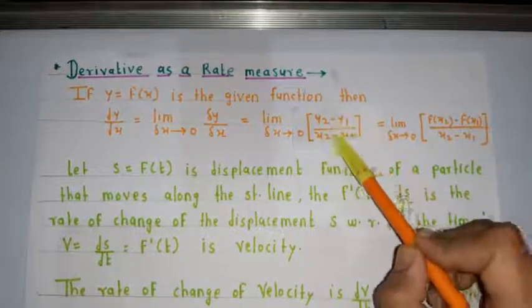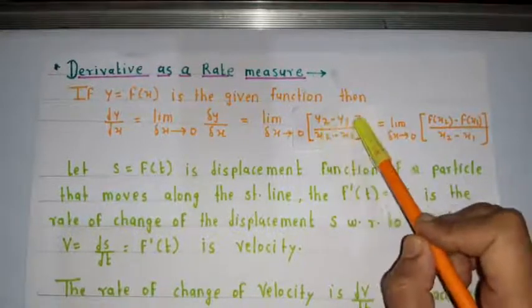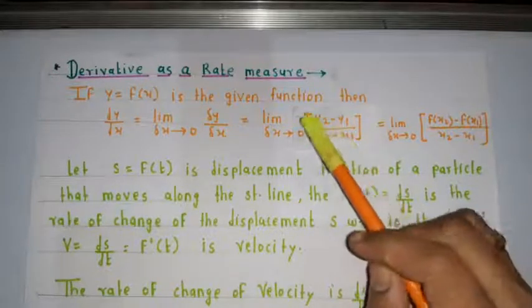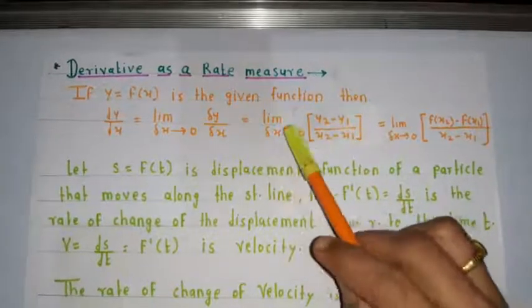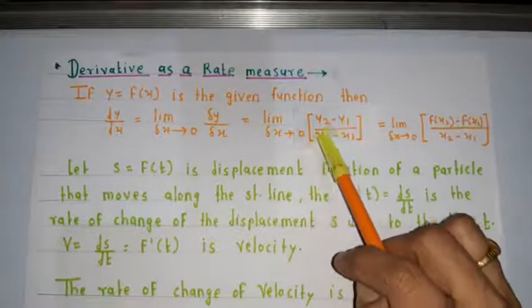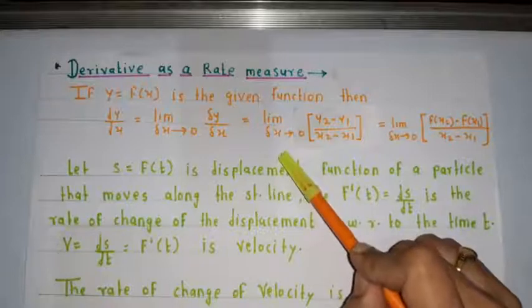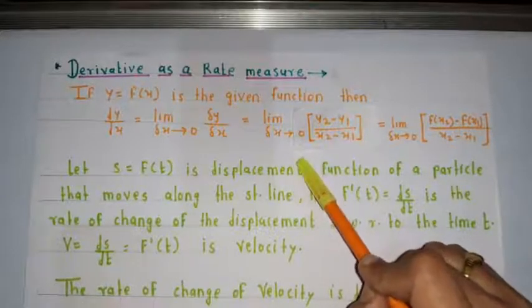This y2 minus y1 is nothing but the change in y, and x2 minus x1 is the change in x, and therefore dy by dx equal to limit delta x tends to 0 change in y upon change in x, where delta x is a very small increment in x.